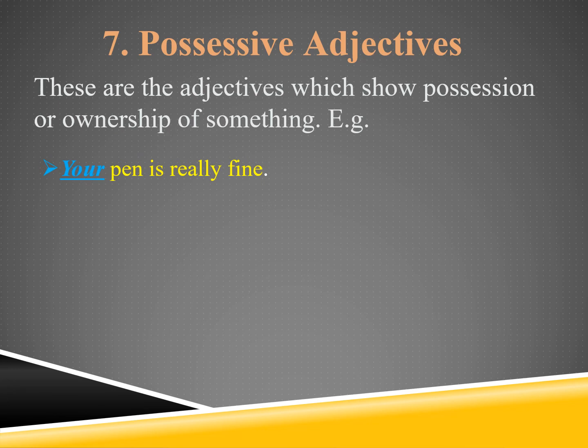The word your in this sentence is a possessive adjective because it has been used before the noun pen and it shows the ownership of pen to you. He has stolen my watch. The word my in this sentence is a possessive adjective because it has been used before the noun watch and it shows the belonging of the watch to me.